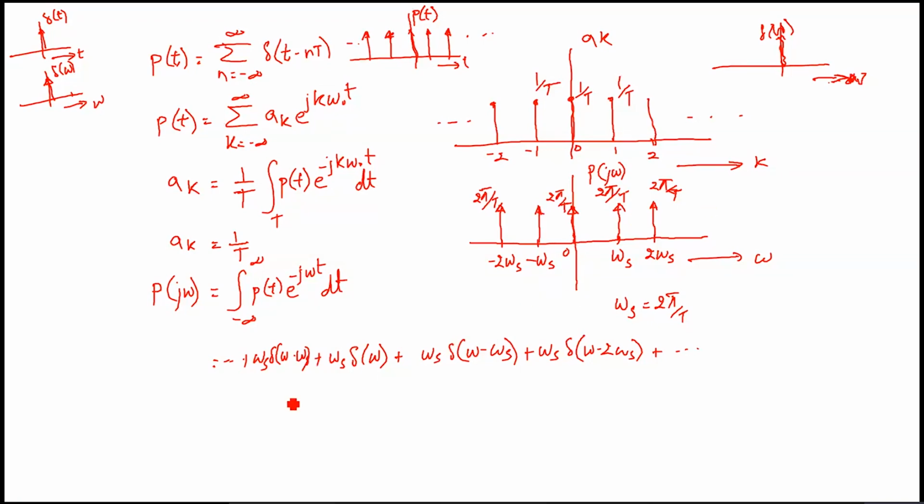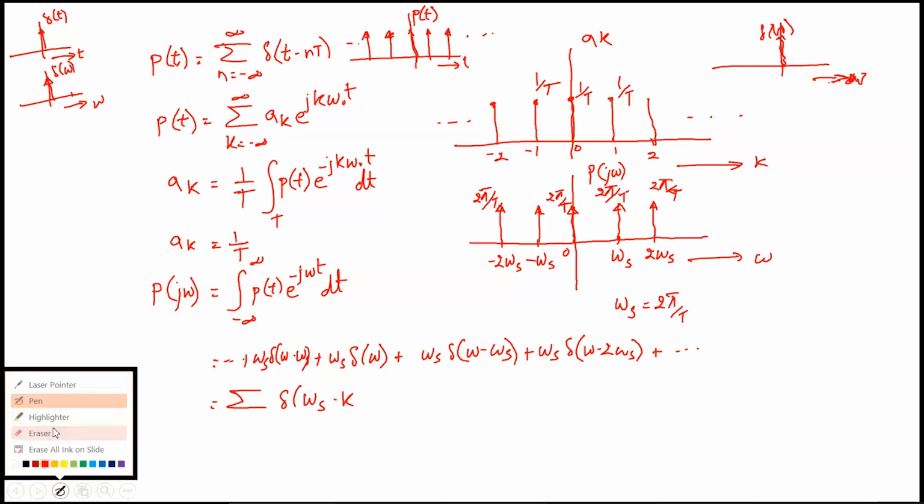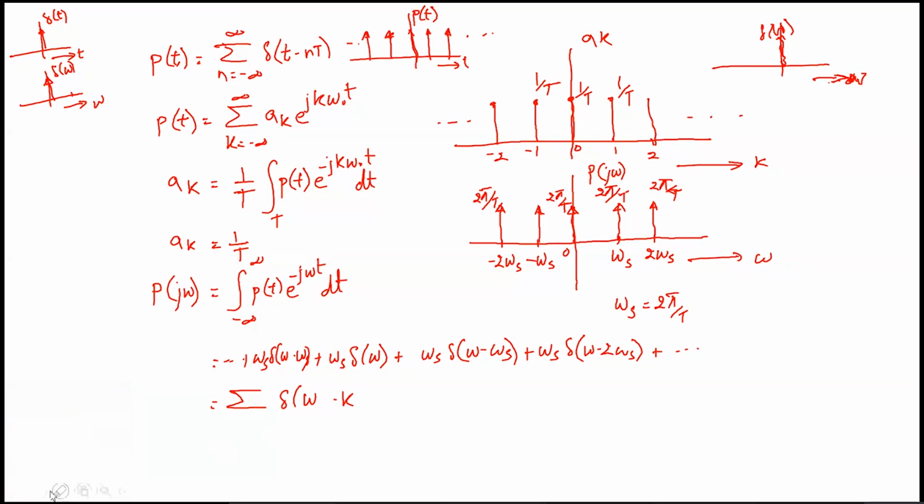So these are a set of impulses, and if you want to write it as a summation, it will be the summation of omega s times delta omega minus k omega s, whatever you want to call it. So it will be just a set of impulses which are equally spaced.